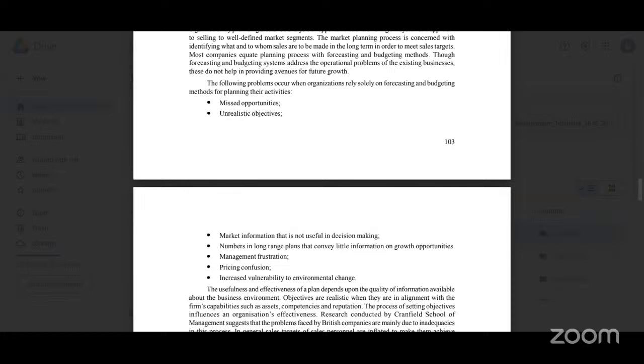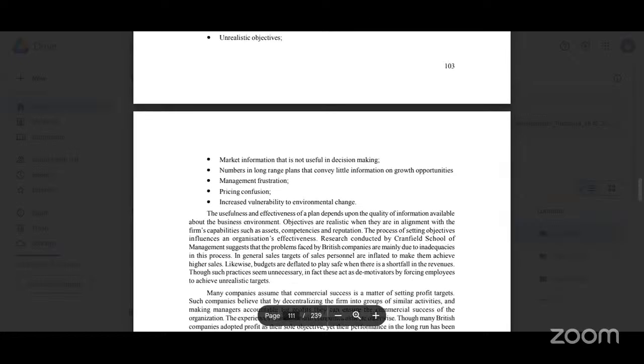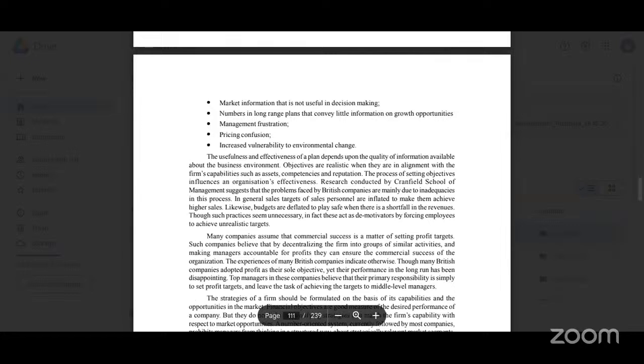One is missed opportunities. Second is setting unrealistic objectives or market information that is not useful in decision making. Numbers in long range plans that convey little information on growth opportunities, management frustration, pricing confusion, and increased vulnerability to environmental change. While these factors are self explanatory, they're also very critical in making the marketing plan that much more effective and successful.